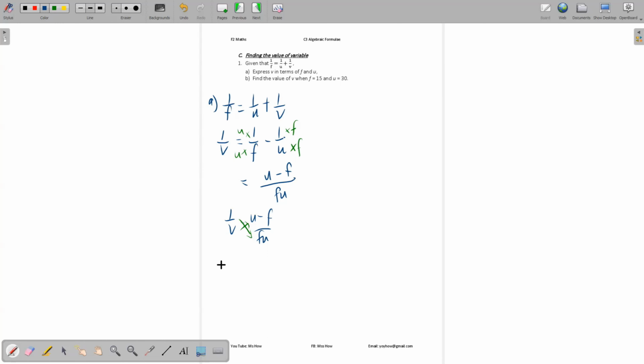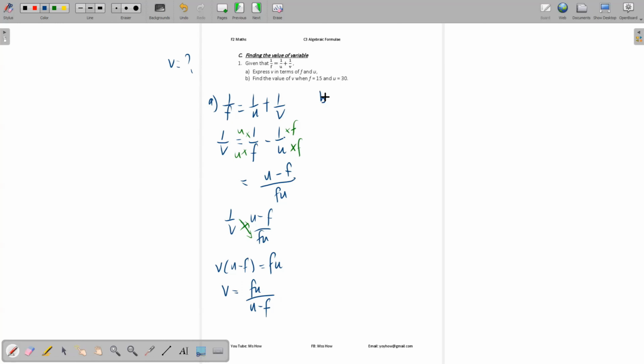So what we will get next is v times u minus f equals to fu. They want you to get v equals to something, right? So we just need to divide by u minus f. So we get v equals to fu over u minus f. So that's our v in terms of f and u.